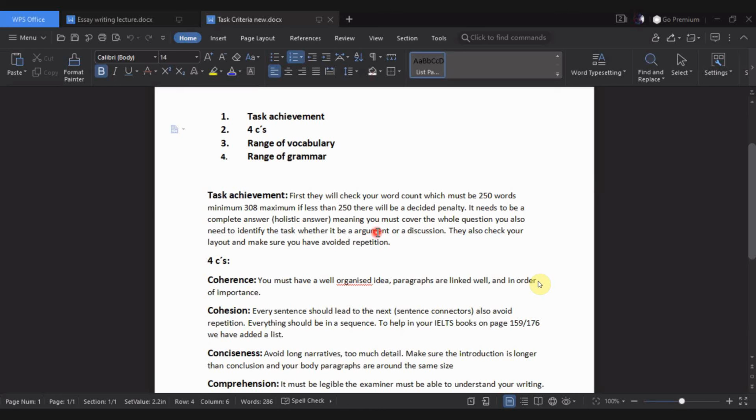So, for example, you're talking about smoking, the effects of smoking, and then the causes as well. And then you ended with some solutions, for example. Then that's fine already because you started with the problem and then you ended with a solution. So it's like that, how you organize these ideas.